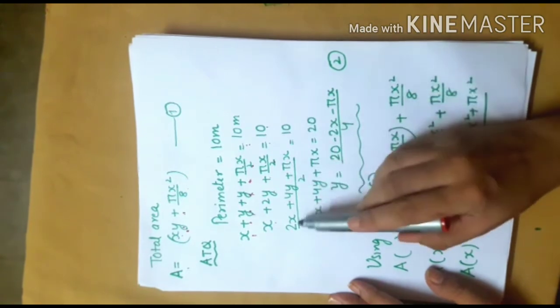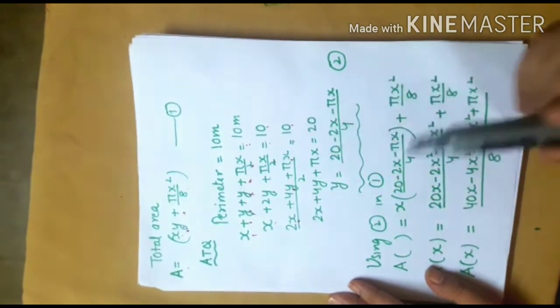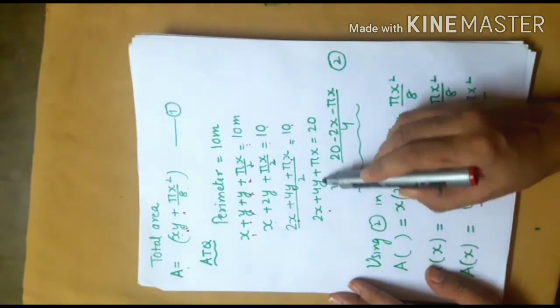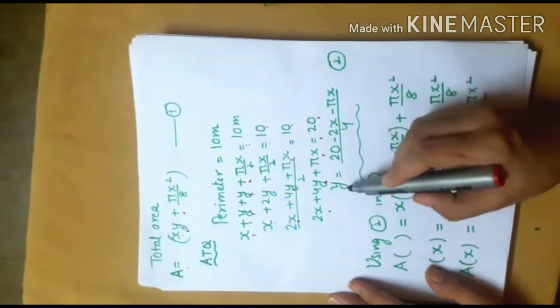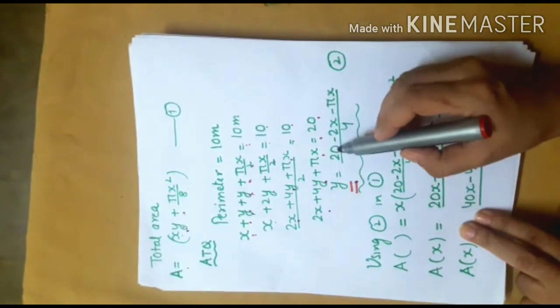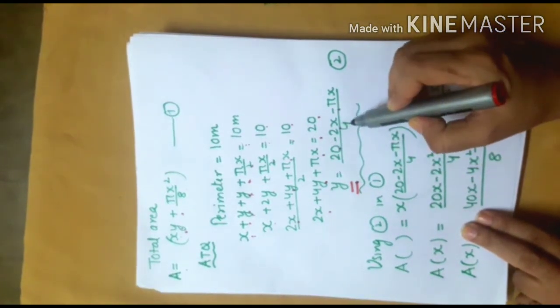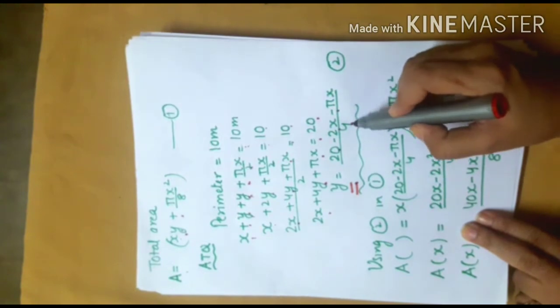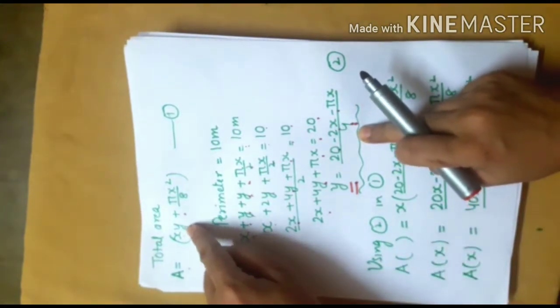On taking the LCM, I'll get 2x plus 4y plus pi x equals 10, that is 2x plus 4y plus pi x equal 20. From here, I'll get the expression of y. So y will be equal to 20 minus 2x minus pi x over 4. Now I will put this value of y here.